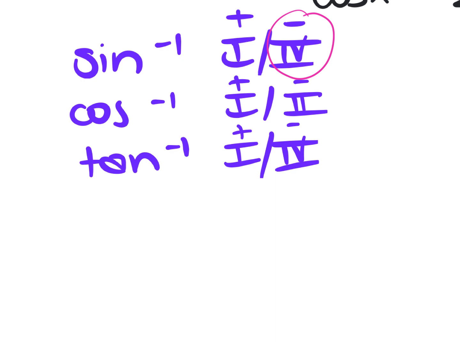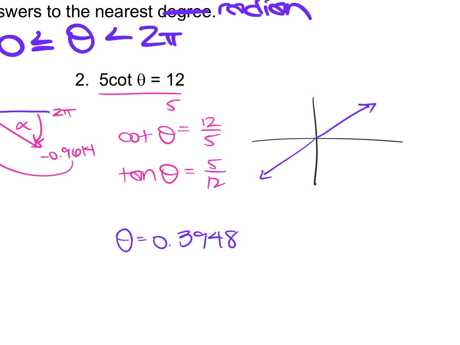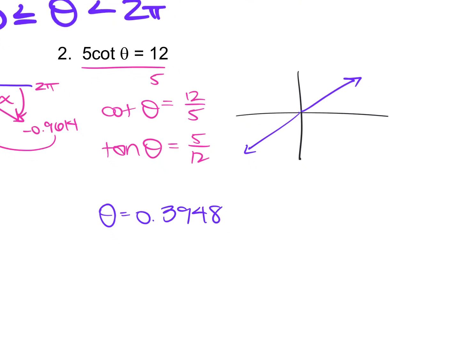Only 1. Secondly, do you remember way back when we learned what a radian was? We said, oh, pi over 2 is about 1.57. Pi is about 3.14. 2 pi is about 6.28. And 3 pi over 2 is about, I never remember this one, 4 point something. I really honestly don't remember.